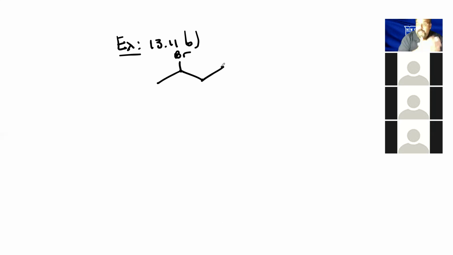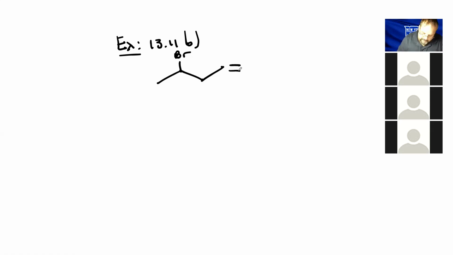I would take this skeletal or line angle structure and convert it to either expanded or condensed, because for me, finding the chiral carbons is a lot easier that way. So if I was going to convert this into a condensed structure, what would I have?